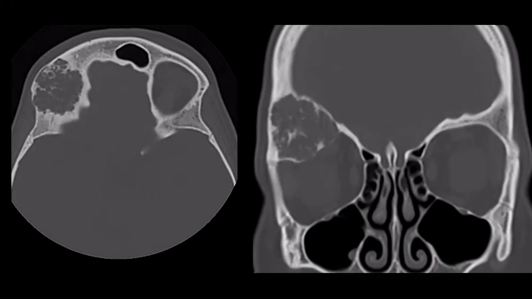Here we have an expansile lesion with a lytic center located in the right orbital roof. There is no real cortical breakthrough. The cortex looks a bit thinned at several spaces, no periosteal reaction, and very characteristic, we see thickened trabecula located within this bony tumor.